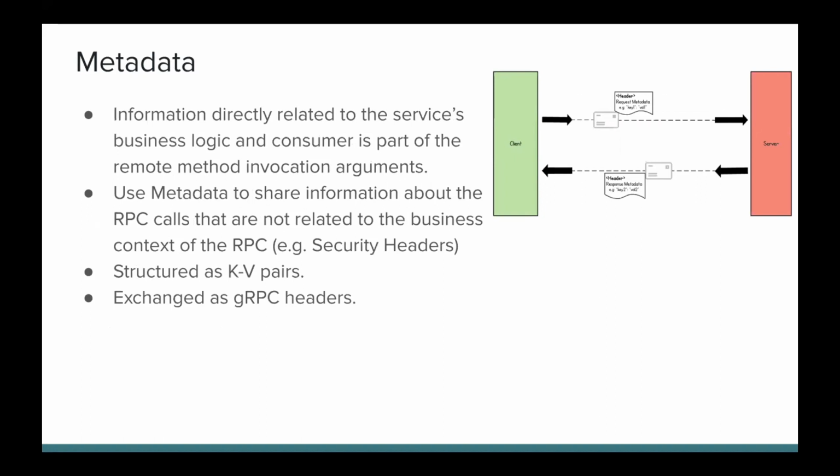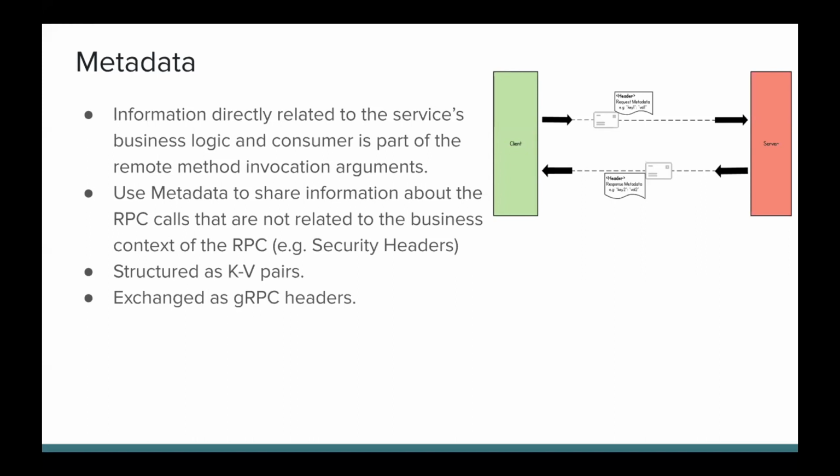Then you can use metadata when you are building inter-service communication. That means there is a certain set of data that is not directly related to the business logic of your microservice.